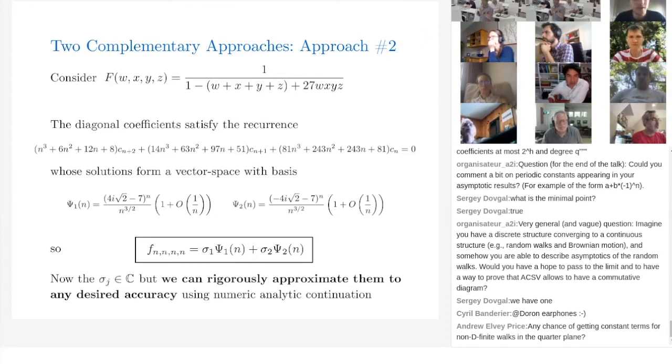First question: could you comment a bit on the periodic constant appearing in your asymptotic results? For example, of the form A plus B times (-1)^n. I think this comes from these two singularities at 4 and -4. Precisely, yeah. So exactly. Just like in the univariate case, if you have 1 over 1 minus z squared, you'd have a singularity at z equal to 1 and -1, and that's why you only have the even terms appearing.